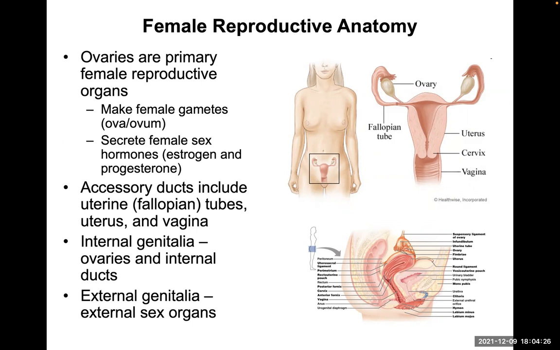That duct system for females includes the fimbriae, the finger-like projections you can see here at the top of the fallopian tubes. The tubes themselves lead into the uterus. And this is the cervix, which includes both the opening itself and this neck region that leads into the uterus, and the vagina, which is a muscular tube.